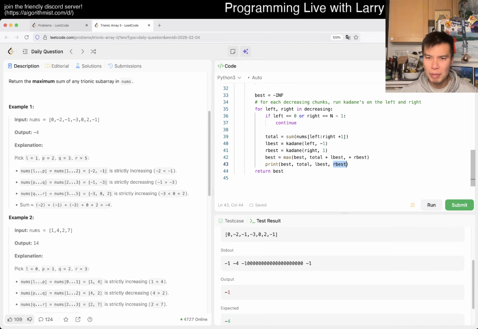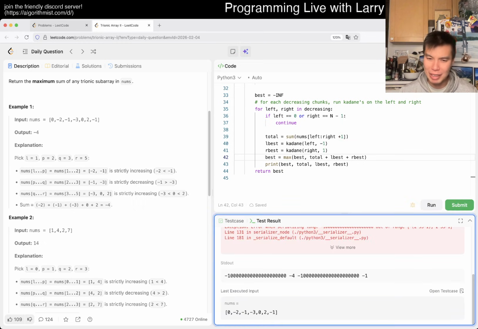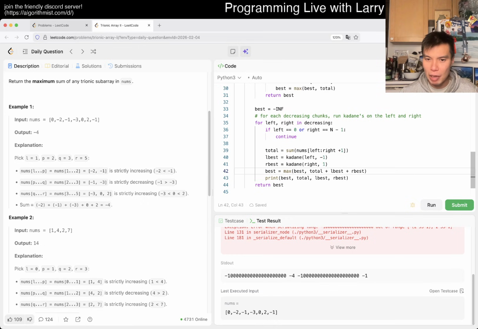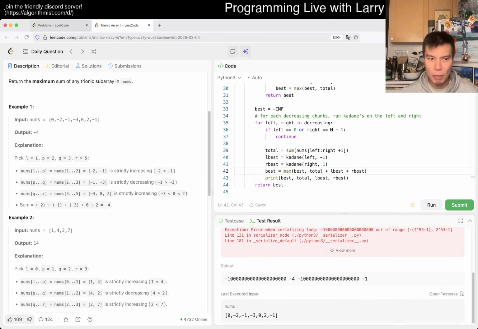Total, L best, R best. Oh, there's a comma. Wow, that's a really bad comma. Okay, that's obviously a bad comma, but at least we solved it a little bit, right? Okay, so this means that there's just no possible solution.